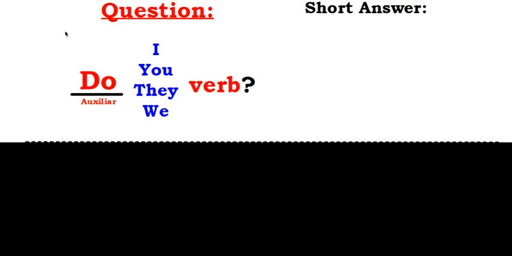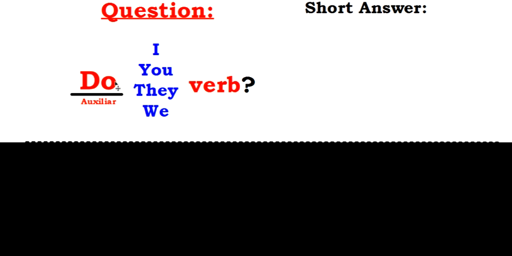Okay, today the grammar is the question for the simple present. The question in the simple present, we start with an auxiliary. For the subjects I, you, they, and we, the question auxiliary is do. So do, then the subject, then the verb.